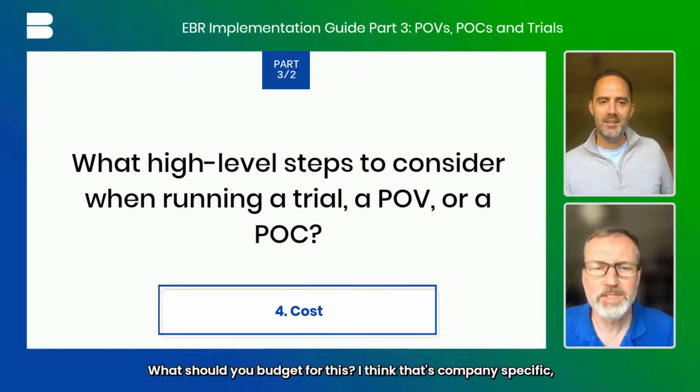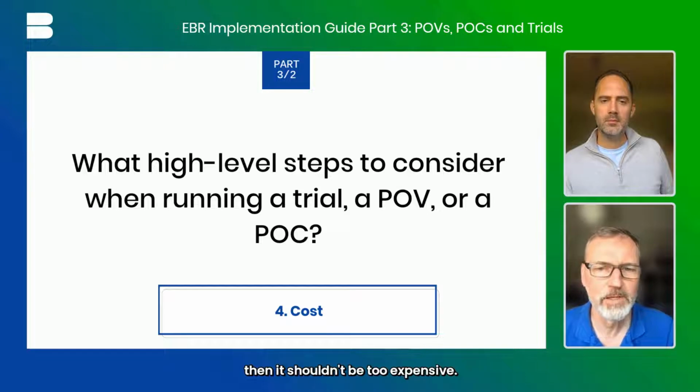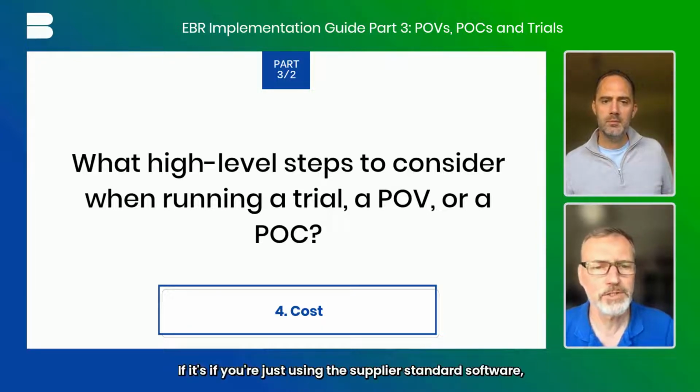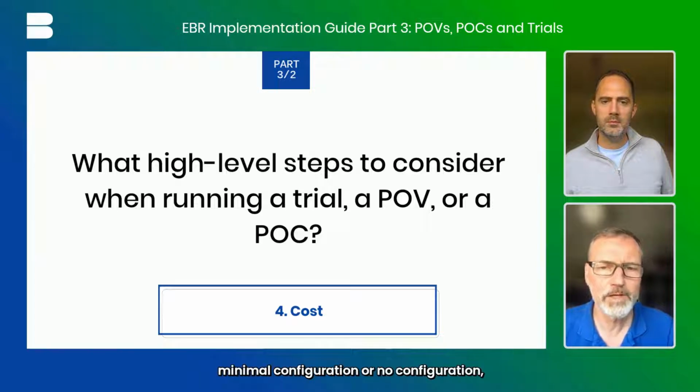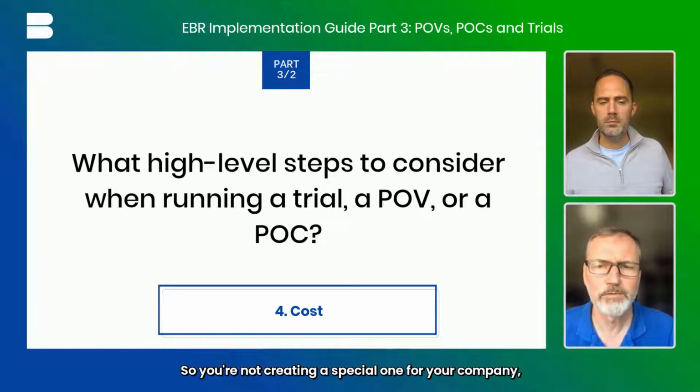I think that's company specific, but if it's quick and easy to set up, then it shouldn't be too expensive. If you're just using the supplier's standard software, minimal configuration or no configuration, perhaps you're using a batch process that they've already built in the system, so you're not creating a special one for your company, then maybe you don't need to pay anything.